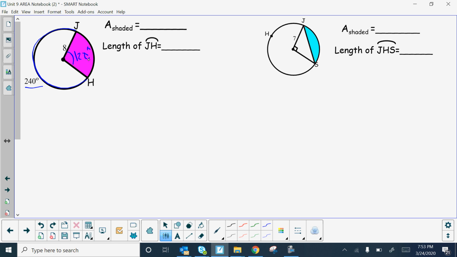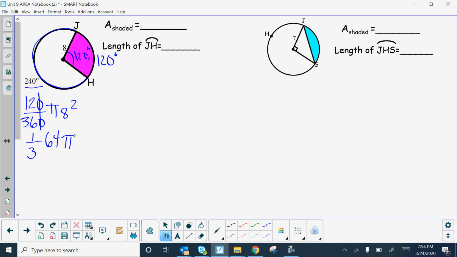Okay, so this is a 120 degree arc out here. So we're going to put that onto our formula, 120 over 360 times pi r squared, and r is 8. Okay, I'm going to reduce this fraction right here, which I know 120 over 360 is 1/3, and then I know 8 squared is 64, and then I'm going to move the pi out in front.